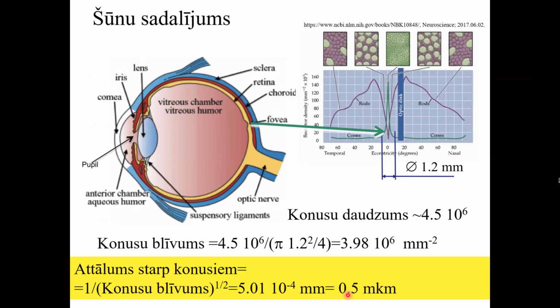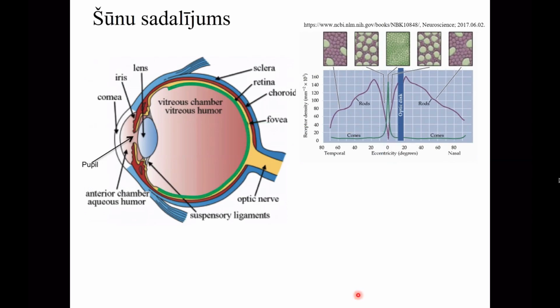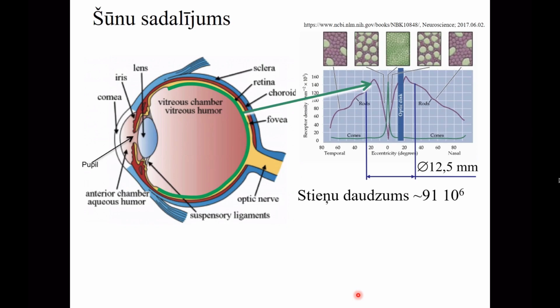So in the same way, we are going to calculate the distance in between the rod cells. This area where the majority of the rod cells are located is approximately 12.5 millimeters, and the rod cells amount is somewhere 100 millions.